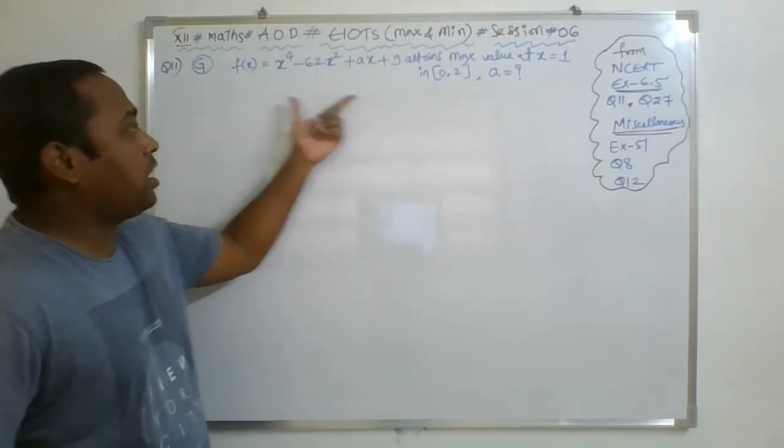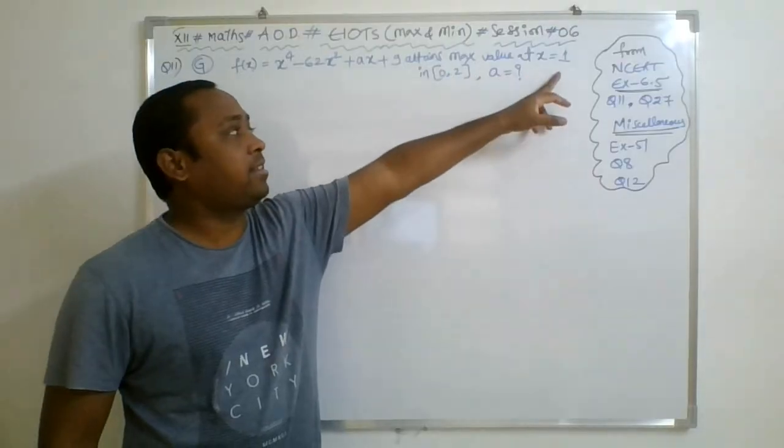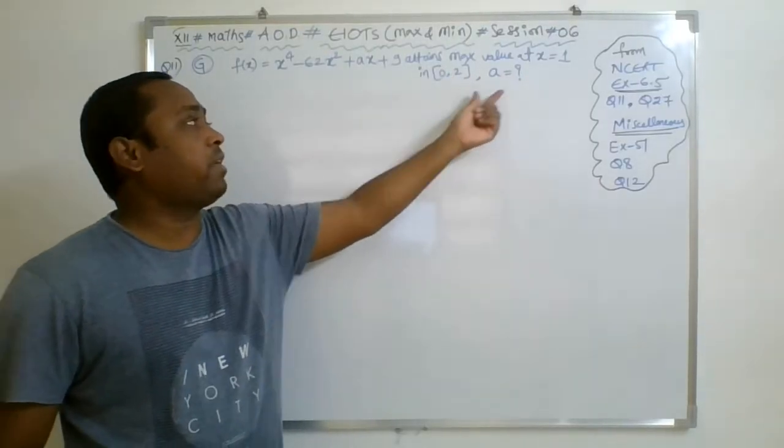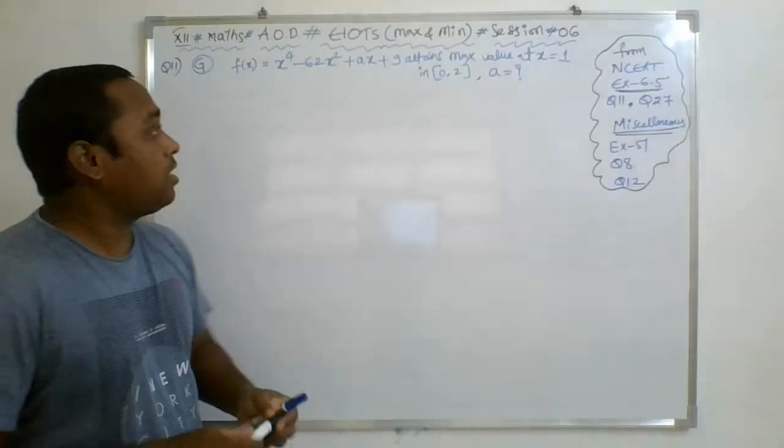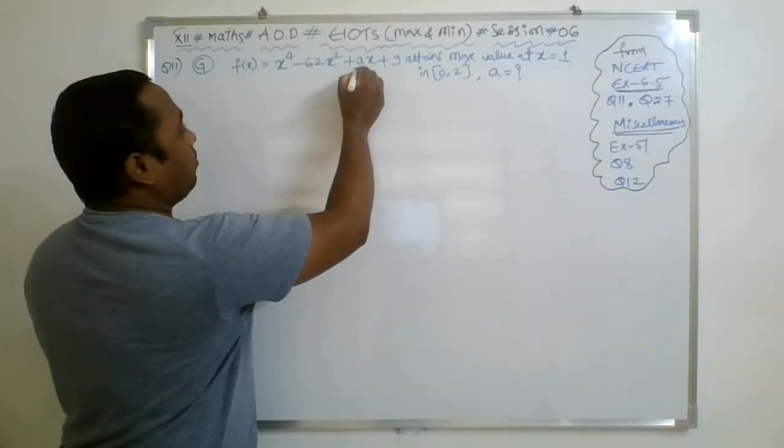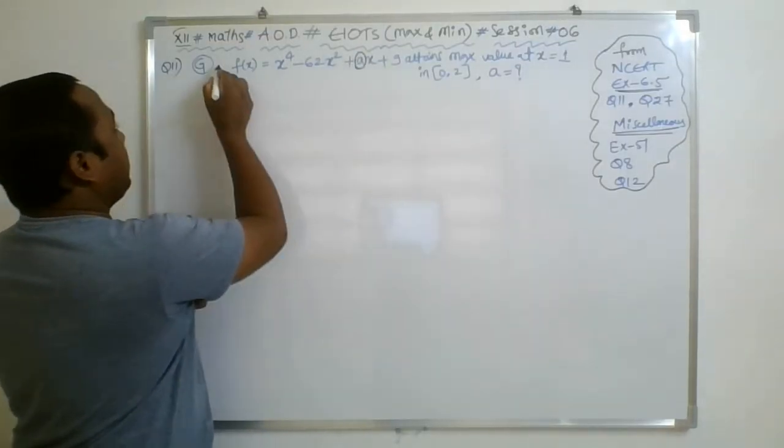If this function attains a maximum value at x is equal to 1 in this interval, what is the value of a? There is a variable a involved, right?